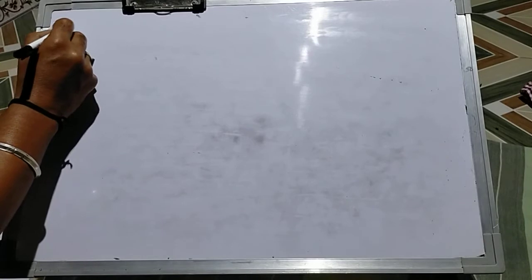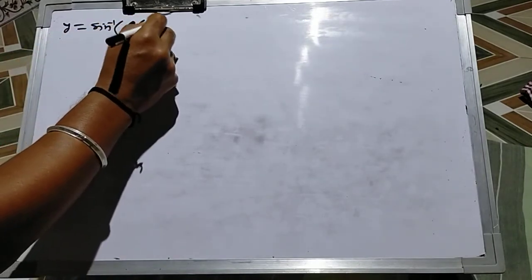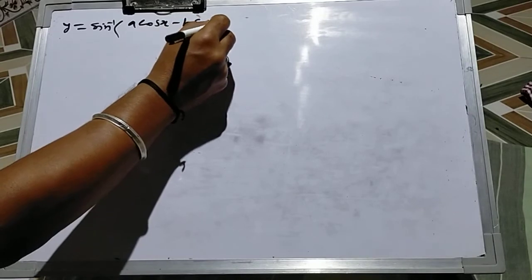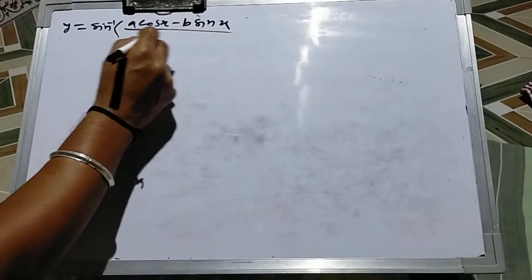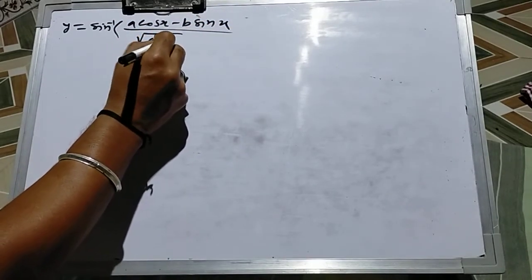Now next one, y equals sin inverse of (a cos x minus b sin x) divided by root a square plus b square.